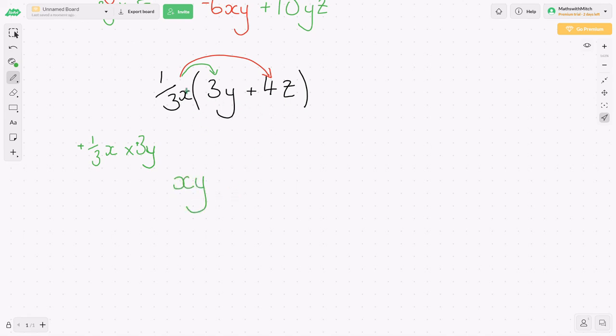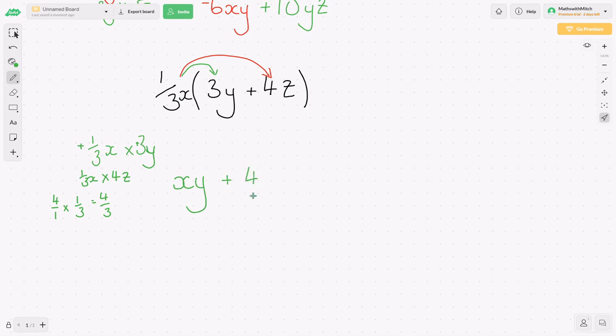Our next term is, again, 1/3 x times positive 4z, so we're doing positive 1/3 times 4. Remembering, you could think about it as 4 over 1 times a third, and you could follow your normal process, times the top, times the bottom, and that gives you 4 over 3.